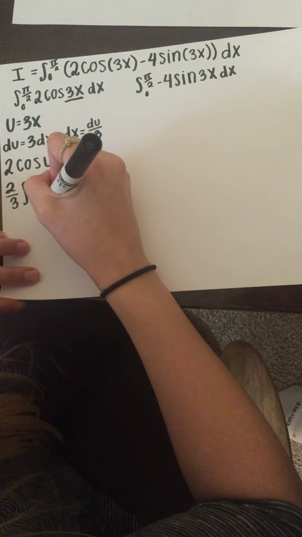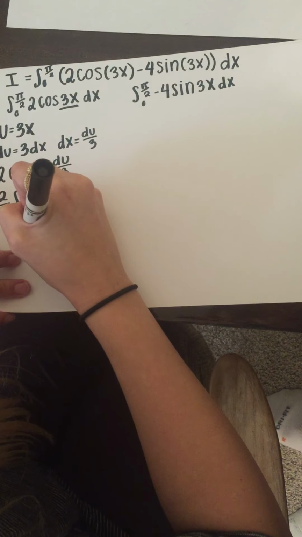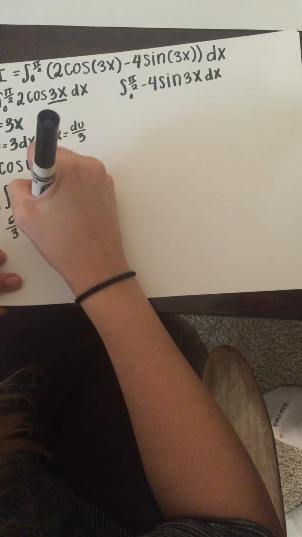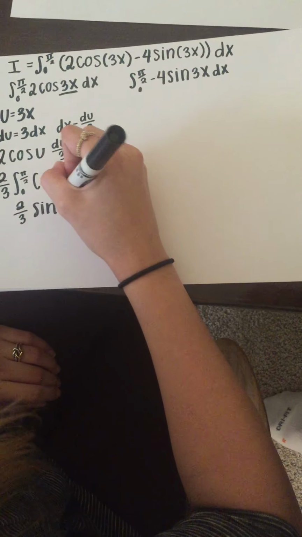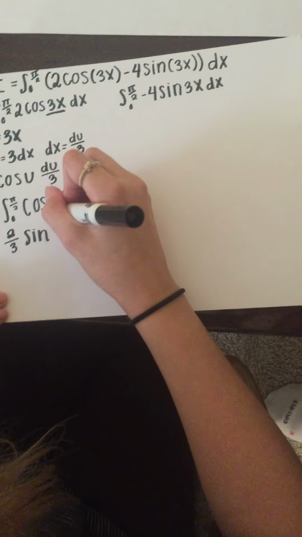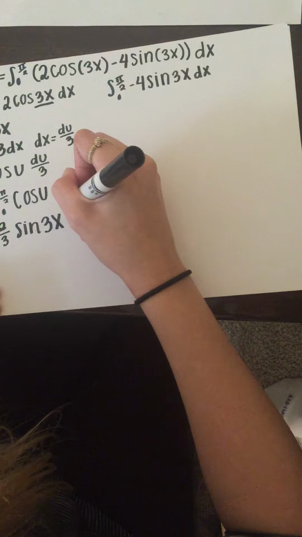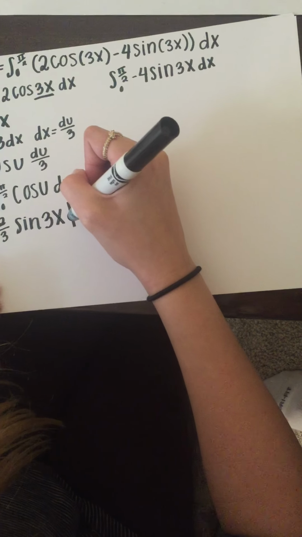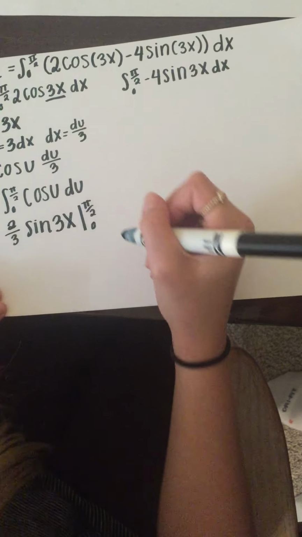Then we're going to take the antiderivative to make this 2/3 sine of, we're going to plug in u, which is going to be 3x, and that's evaluated at pi over 2 and 0.